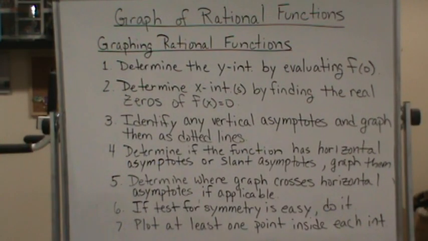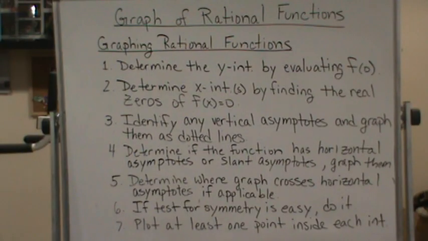Look at the denominator, set the denominator equal to 0, and find all of the values that make the denominator 0. Okay, those are the restricted values, and hence those are going to give you the location of the vertical asymptotes along the x-axis.